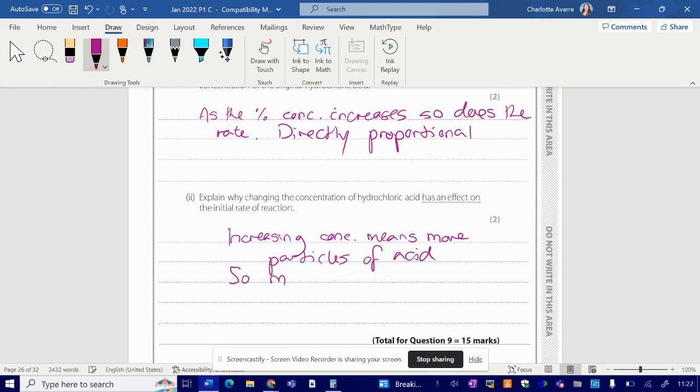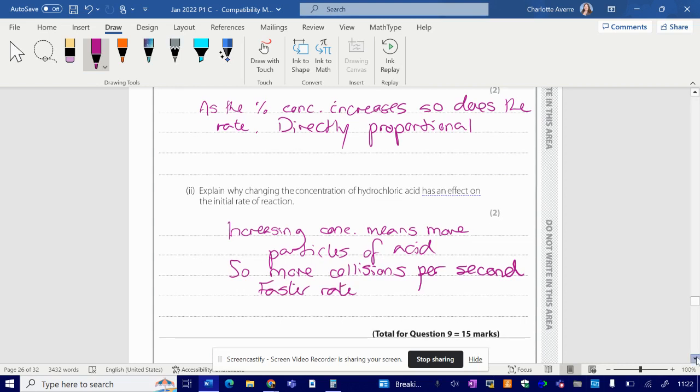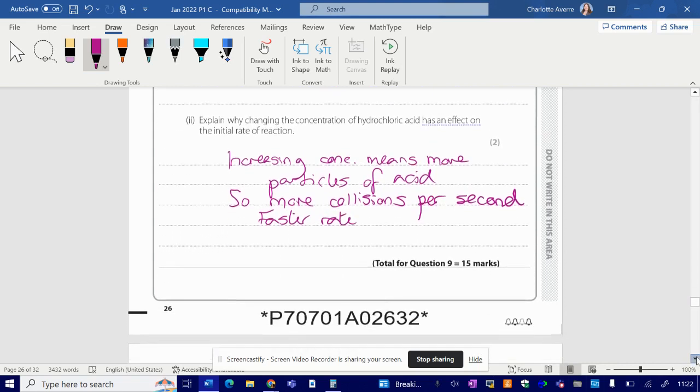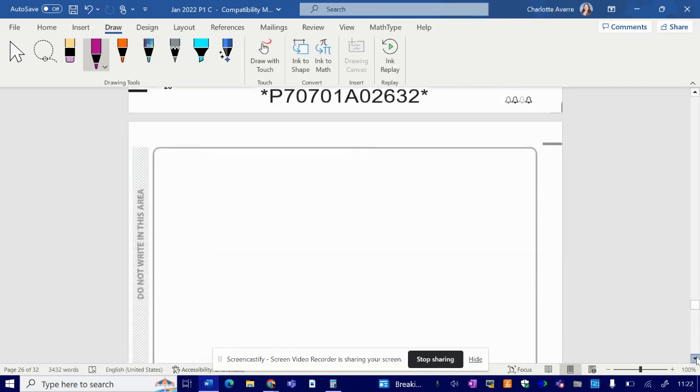So more collisions per second, or an increased frequency of collisions. And therefore a faster rate. I've written 3 points. It's only 2 marks, but I'm guaranteeing I should be able to get those marks.